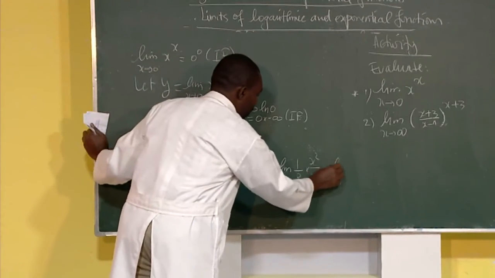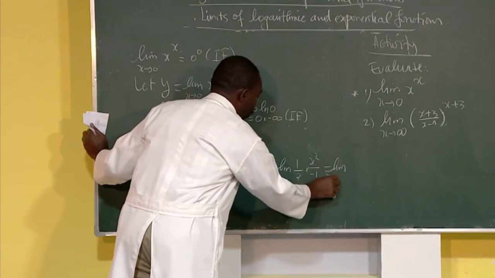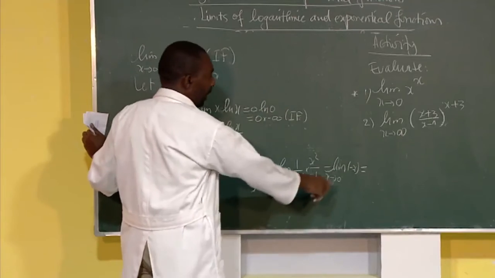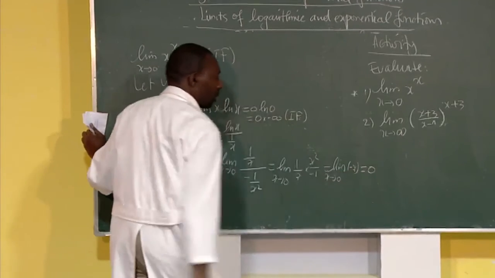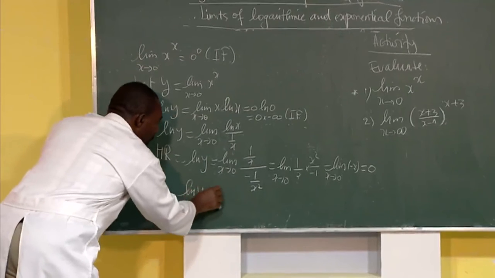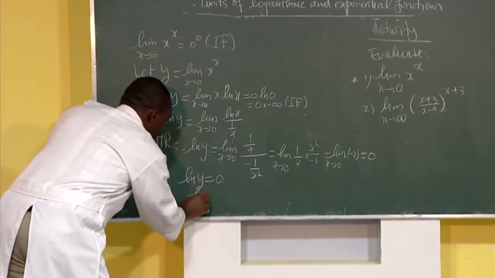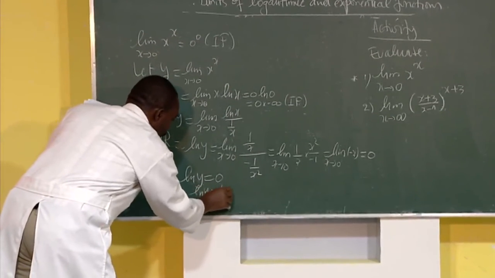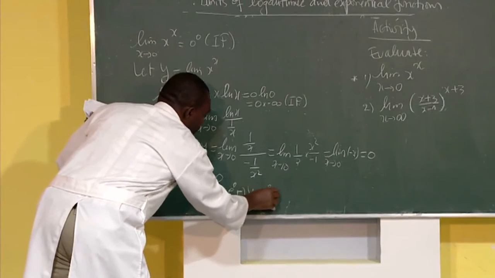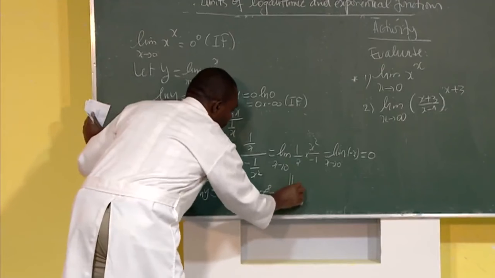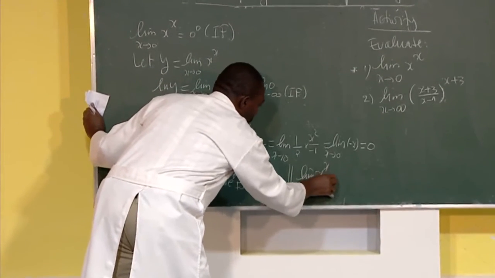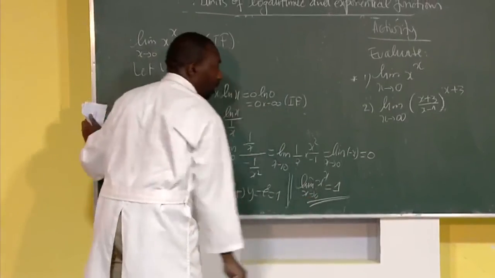And this is the limit x approaching to 0 of minus x, which is equal to, replacing x by 0, you get 0. It means that ln y equals 0, and this is ln y equal to ln of e power 0. It means y equals e power 0, which is equal to 1. Hence, the limit of x power x as x approaches 0 equals 1. We are done.